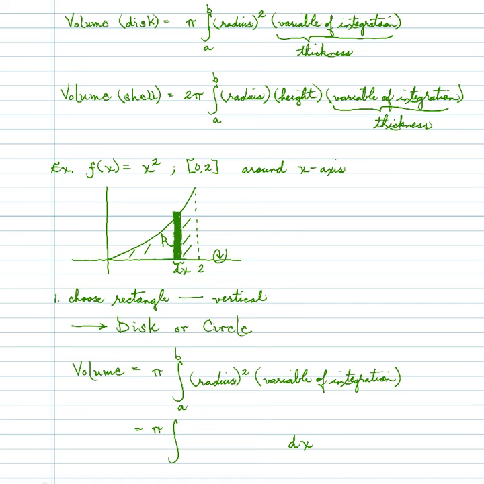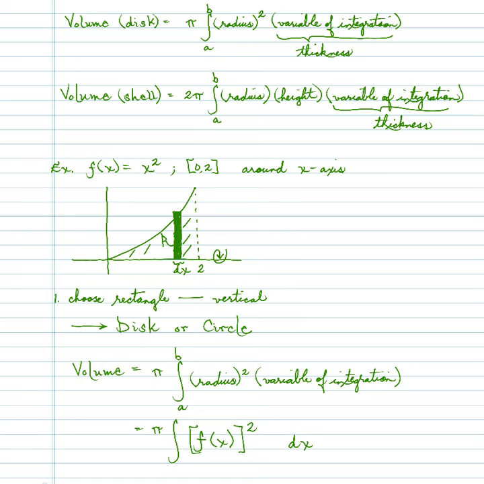So our radius is going to look like this, and I'm going to write it like this purposefully: f of x squared.